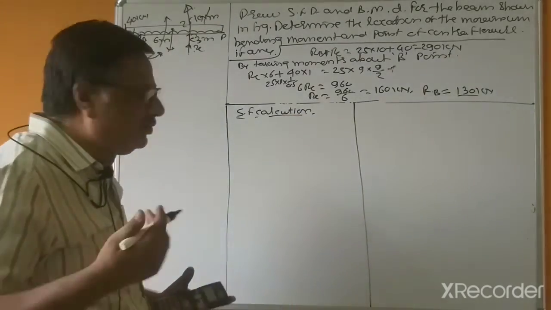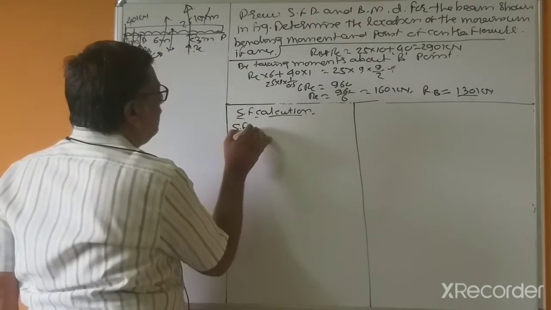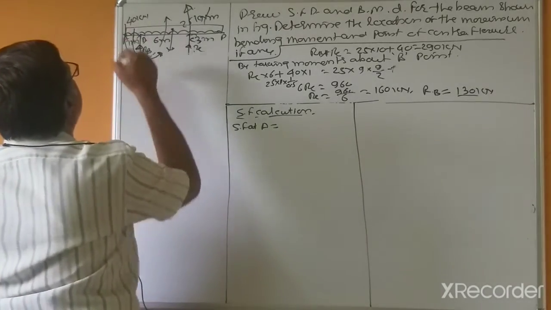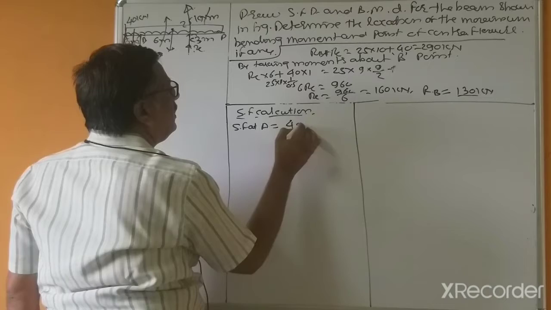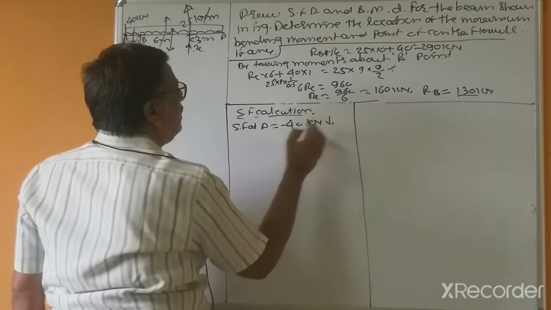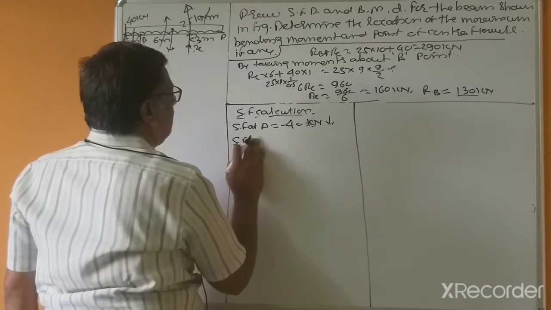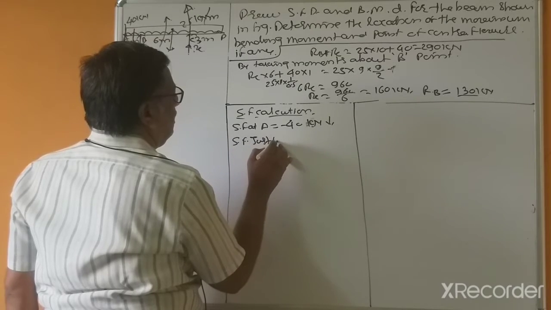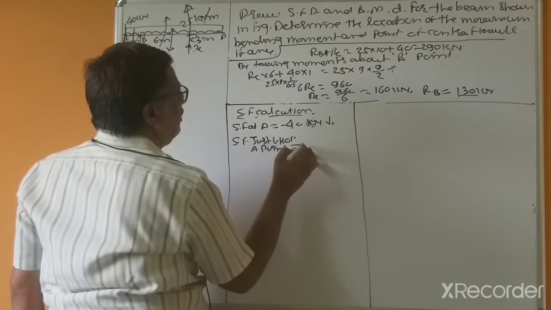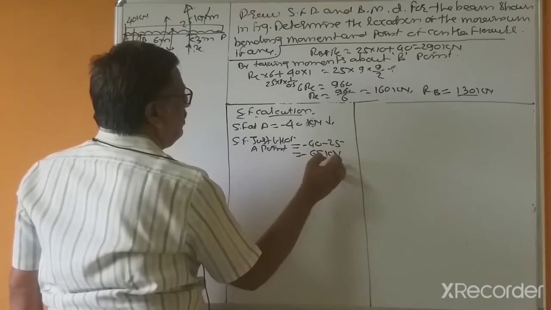So now we take shear force at A point equal to the downward force 40 kilonewton, and this is negative 40 kilonewtons. Shear force just left hand side of A point, minus 40 minus 25, minus 65 kilonewton.